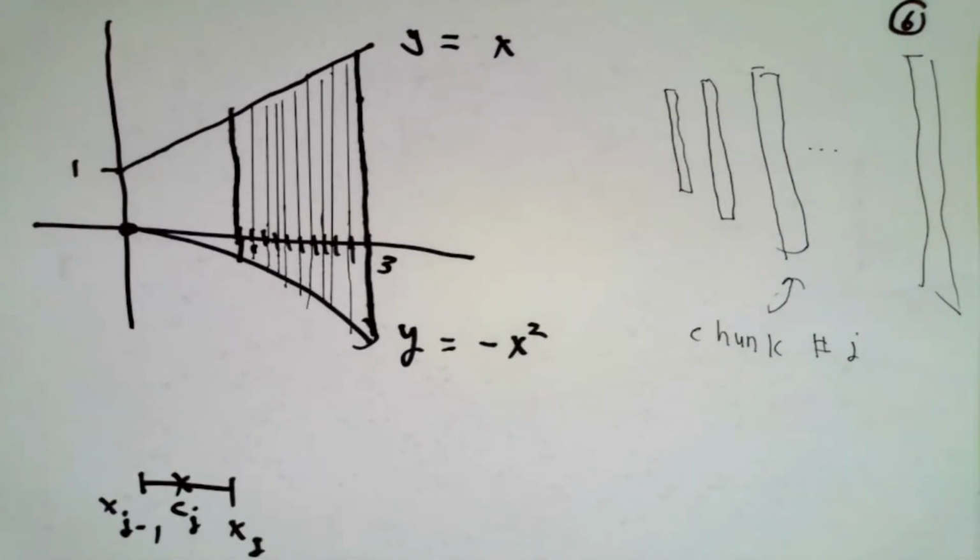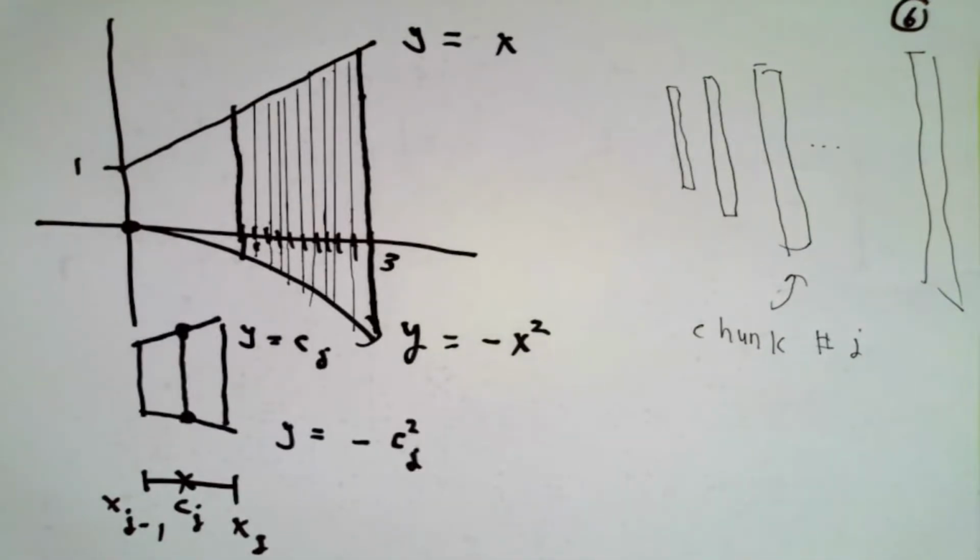In terms of the independent variable, chunk j begins at x sub j minus 1, ends at x sub j, and we're going to pick some representative c value, c sub j, as a particular x number from this one chunk. The function above is f of x equals x. The function below is g of x equals negative x squared.